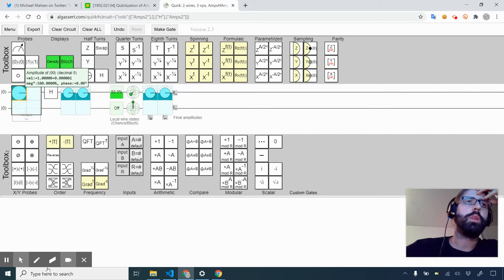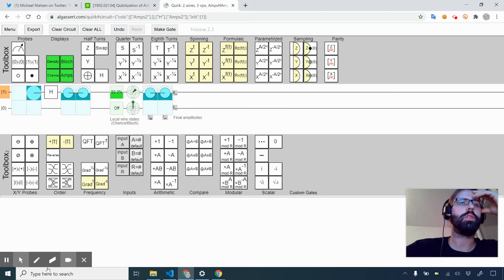Because what it's doing is, the 0,0 is encoded into that superposition. So not only is it the phase, it's also the phase that's changing.